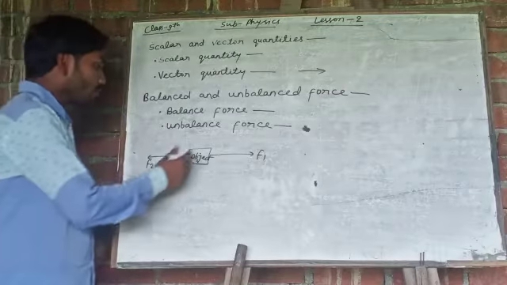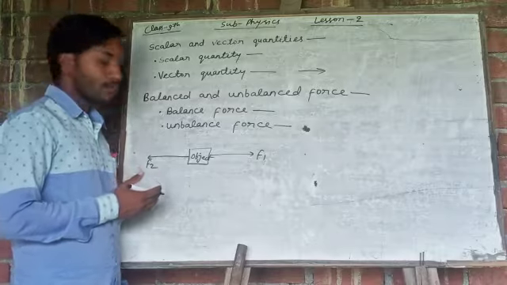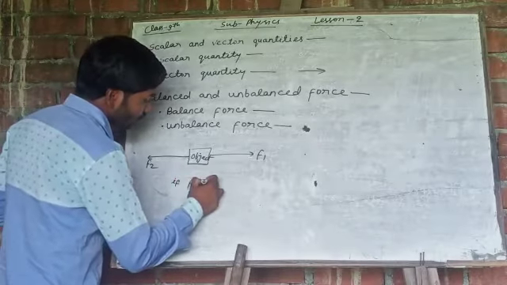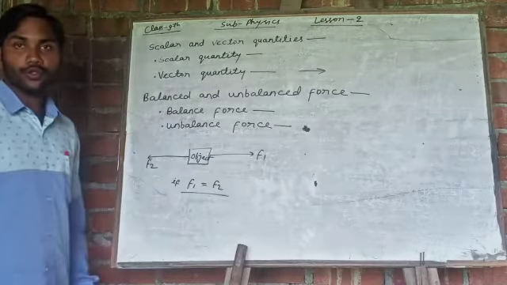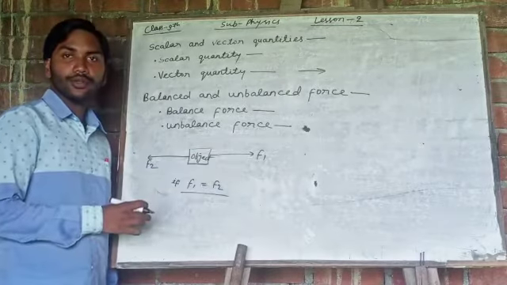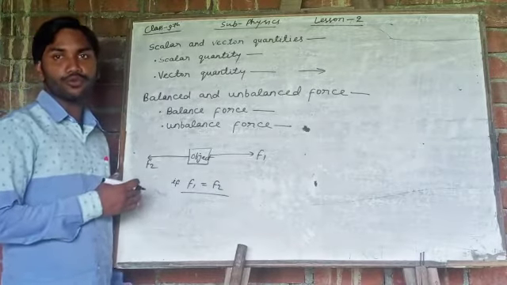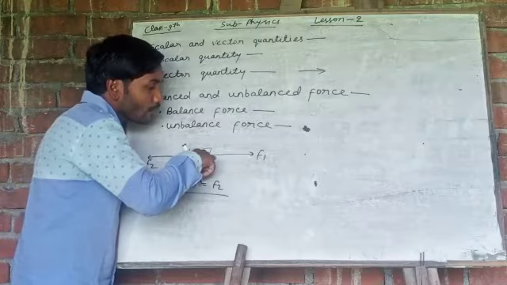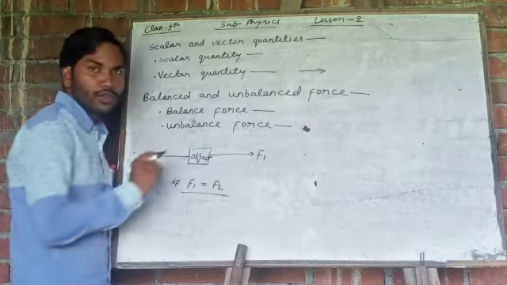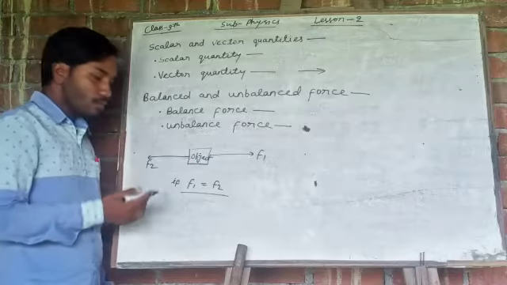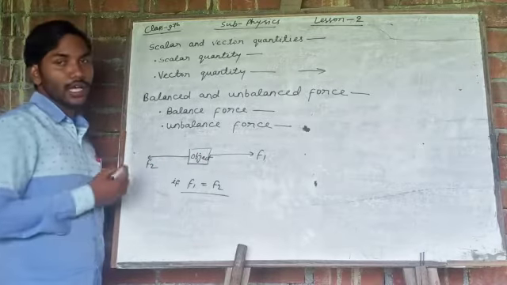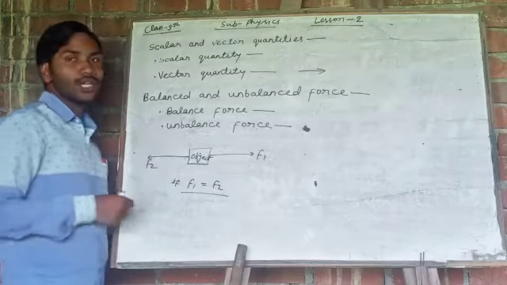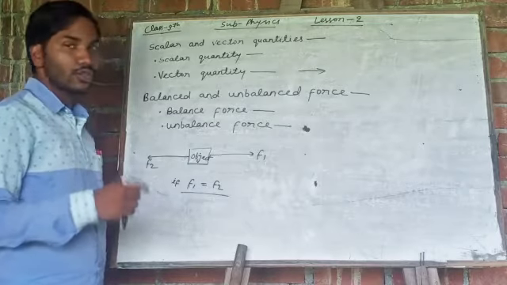So if magnitude and direction of F1 and F2 are equal, so if F1 is equal to F2, so the net force on the object will zero and it will not move to any direction, because F1 will pull this object toward this one with same force and F2 will pull this object toward this direction with same force. So the net effect of force will be zero on the object and object will not move.